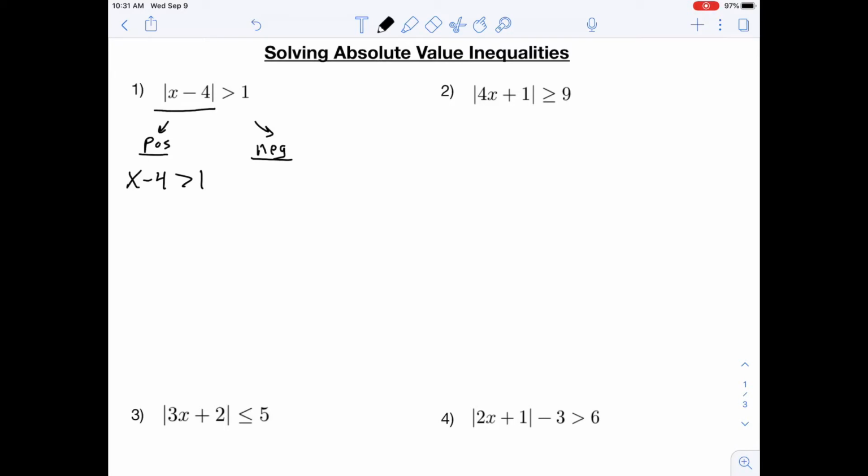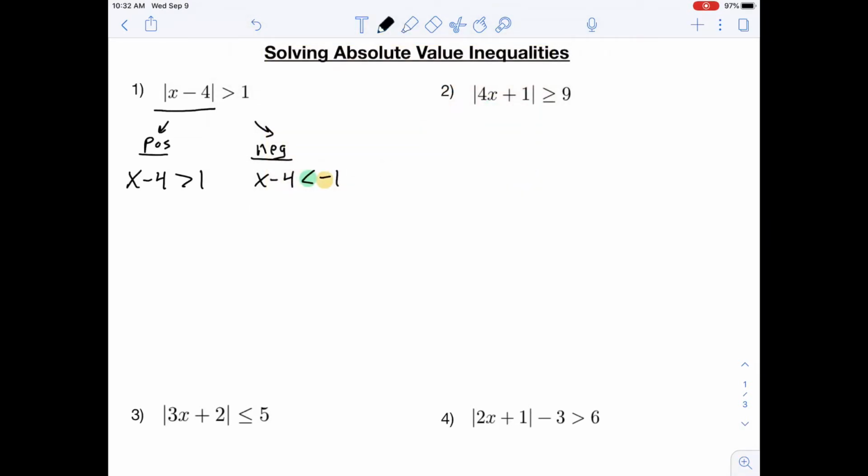Now in the negative case, you get rid of the absolute value, but you have to flip the symbol and then negate the right side. So again, I flipped the symbol and then I negated the other side.